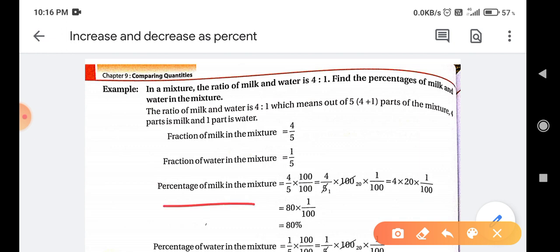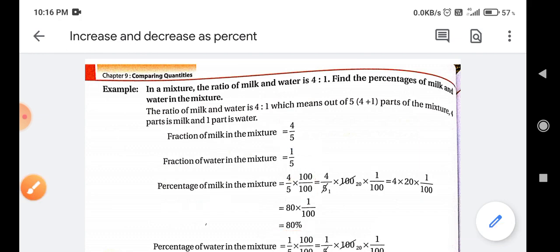Percentage of milk in the mixture will be 4 by 5 multiplied by 100%, and it will be equal to 80%. When we change it into percentage, we always multiply by 100%, and then after cancellation we get 80%.